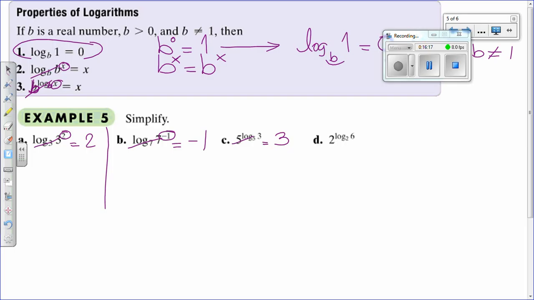What if we have something like 5 raised to the power of log base 2 of 3? Then we cannot cancel. But the reason you can have a log in an exponent is because this is actually a number. If you put it in the calculator, it will give you a decimal number, because it's kind of like, to what power do you have to raise 2 to get 3?